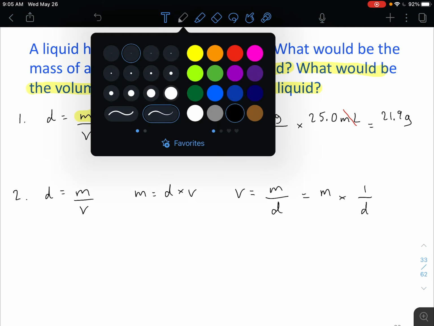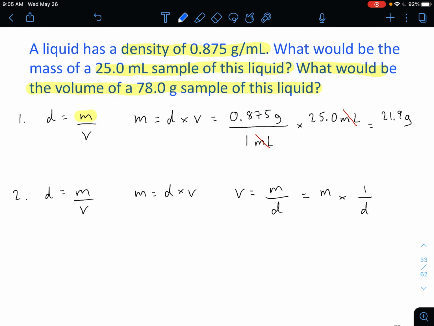So we'll do more or less the same thing as before, set up our calculation, and then I'll also show you how the units work out. So volume equals the given mass, 78.0 grams, times 1 over the density. So the density is a conversion factor, right?